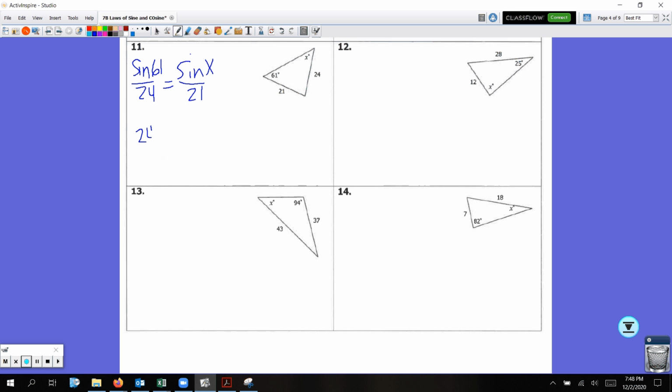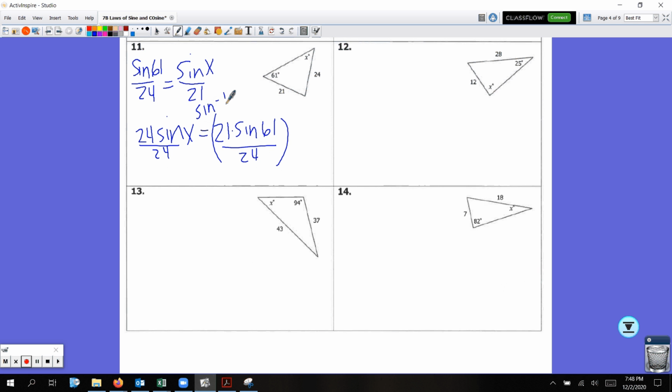Cross multiply, I get 24 sine x is equal to 21 times sine 61. We divide by 24 to get sine x by itself. Remember, we're using inverse sine of this right here.